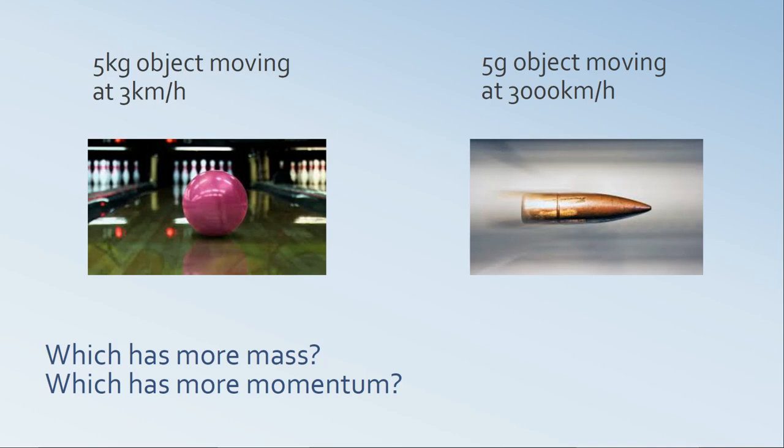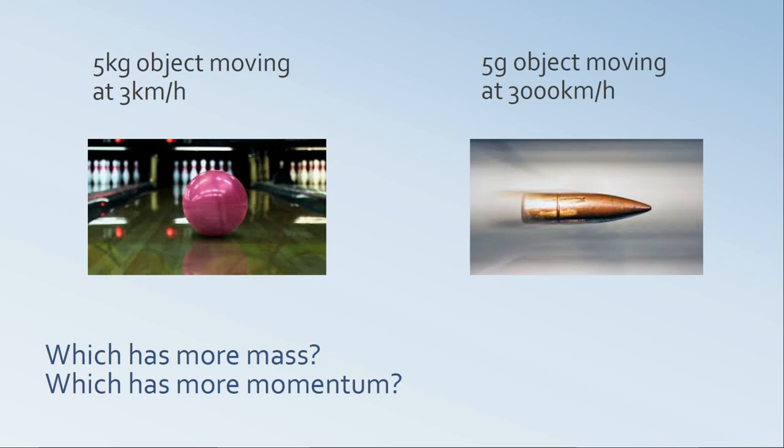And the answer here is they have identical momentum, because even though the bowling ball has more mass, the bullet has a much greater velocity. Okay? And we can multiply this out. We know that momentum equals mass times velocity. So 5 kilograms is 5,000 grams.